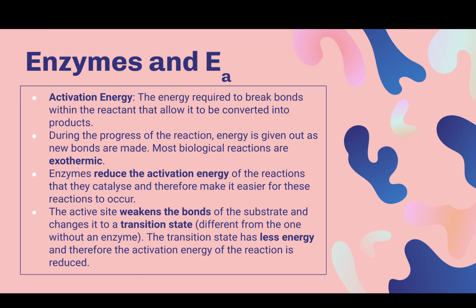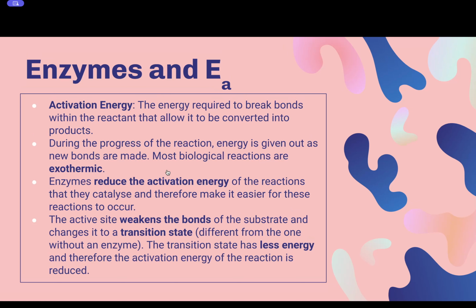and therefore make it easier for these reactions to occur. So the way enzymes work is when the substrate attaches to the active site, it weakens the bonds within the substrate and then changes it to a transition state. This occurs in all reactions. The substrate first gets weakened and then the reaction progresses.